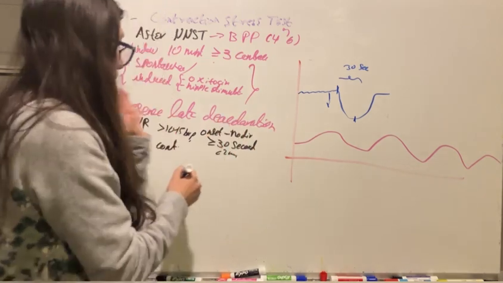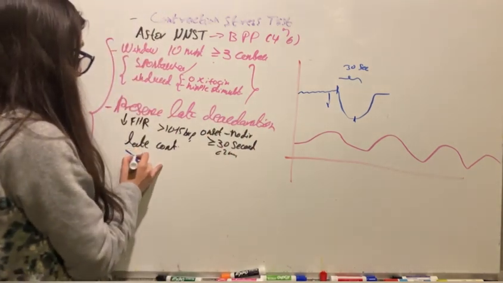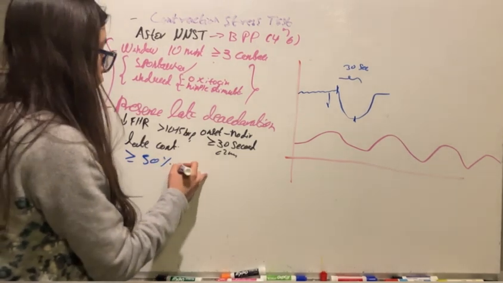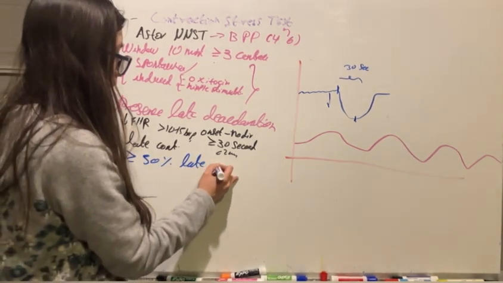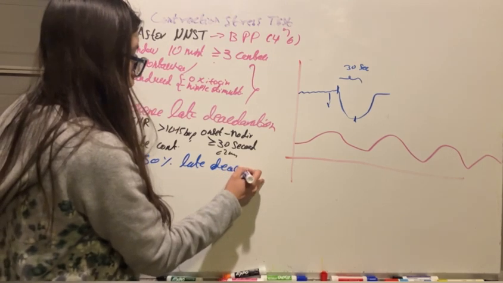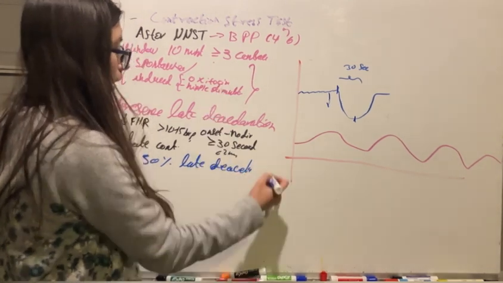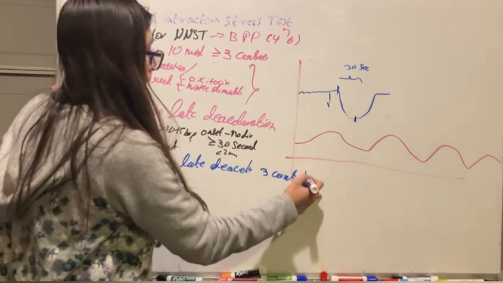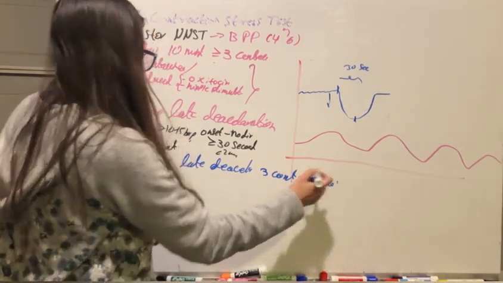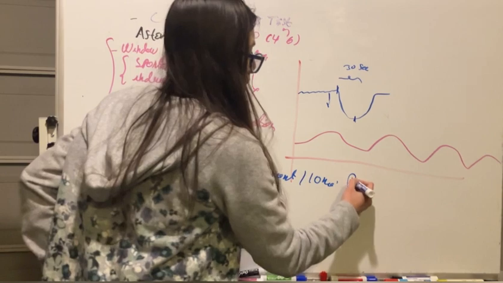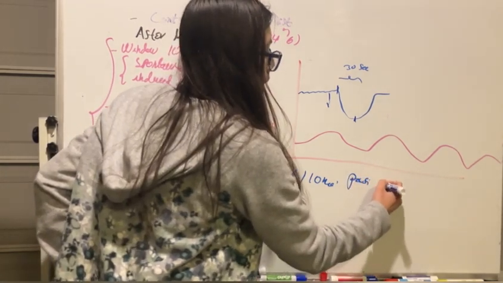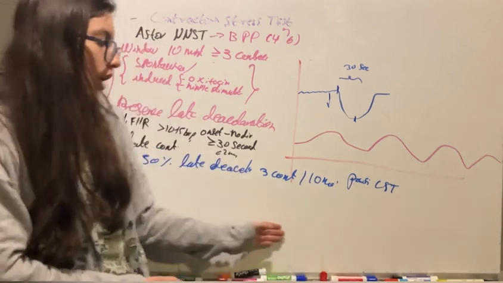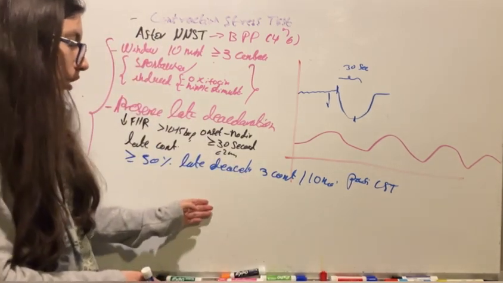If we have 50% or more late decelerations found during these 3 contractions in 10 minutes, this is a positive contraction stress test. So this is worrisome.